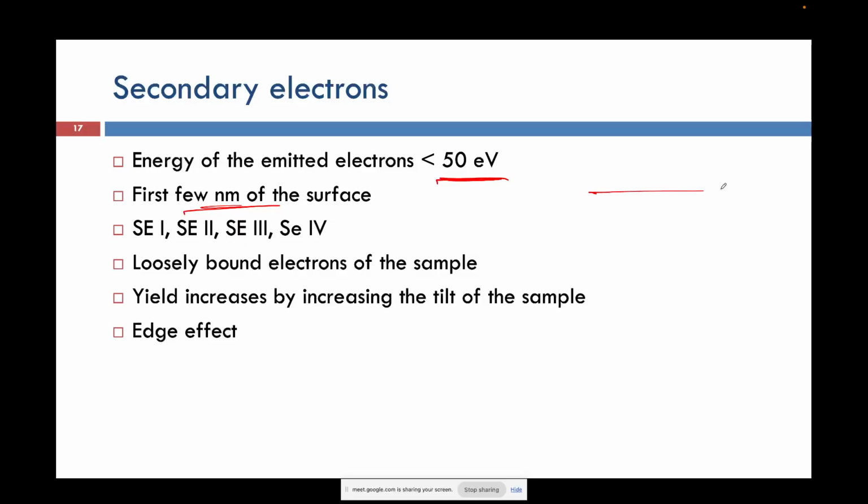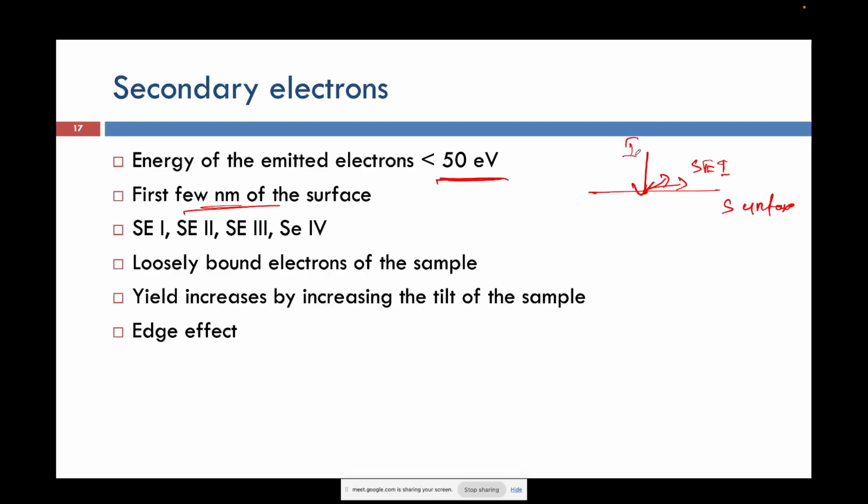Let's say the incident electron beam is coming, this is my sample surface, and at the point of entry, just when my incident electron beam interacts with my sample, a few electrons will go out, and those are known as secondary electron 1.